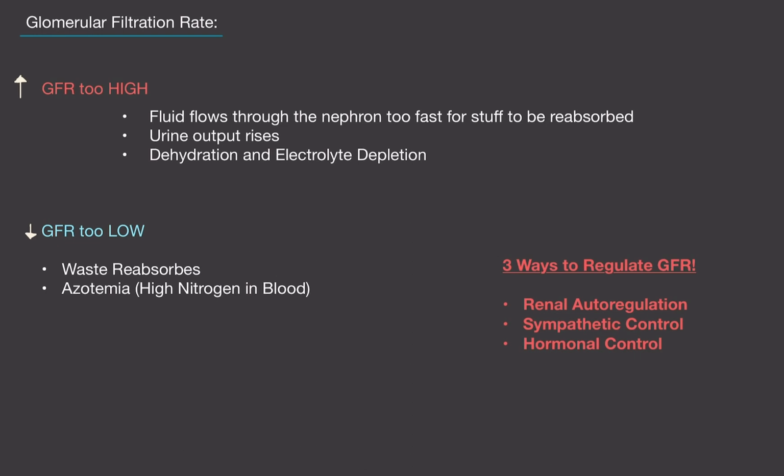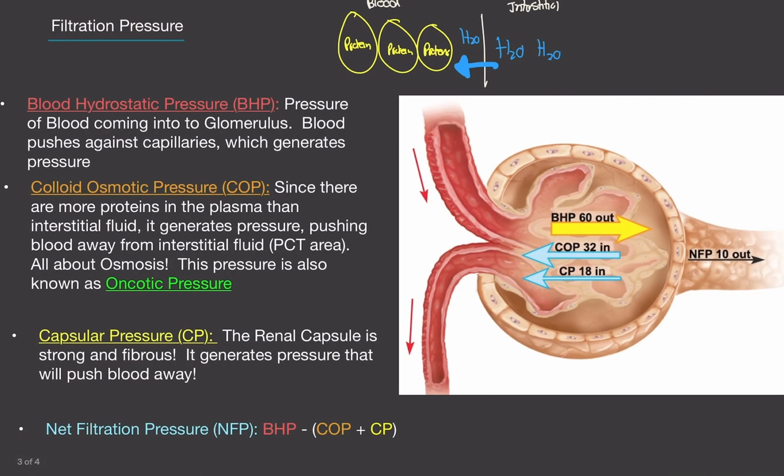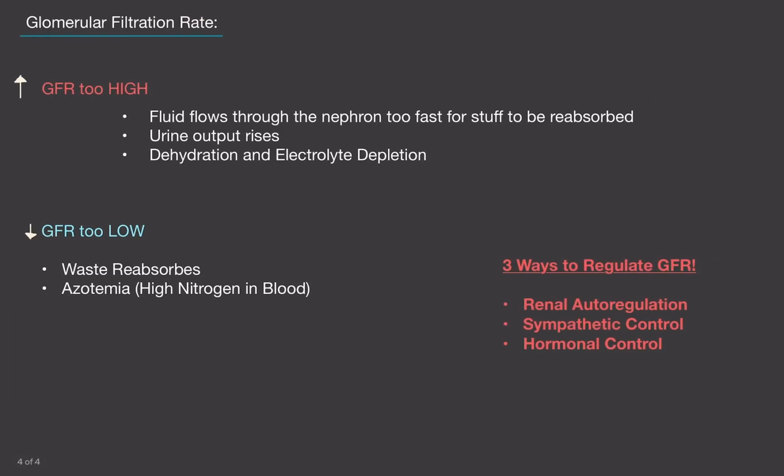Now, if the GFR is too low, waste can actually be reabsorbed, so we can get toxic stuff into our blood. This can cause acidosis, and it can cause a bunch of things. But very commonly, it can cause something called azotemia, or high nitrogen in the blood.